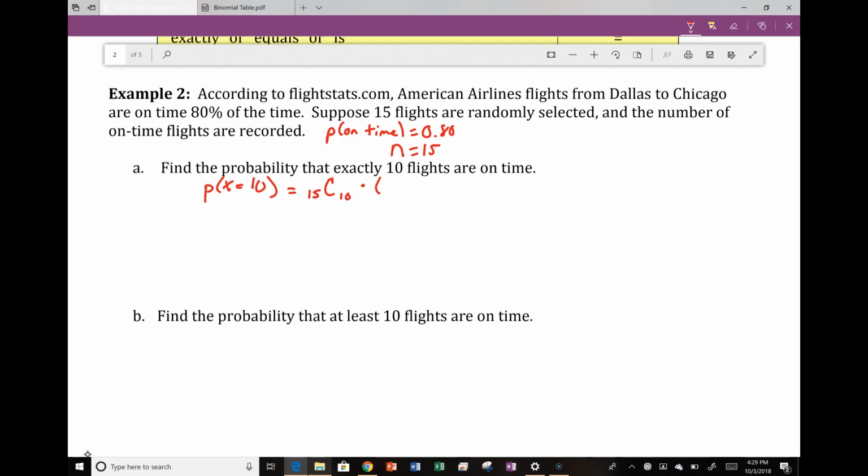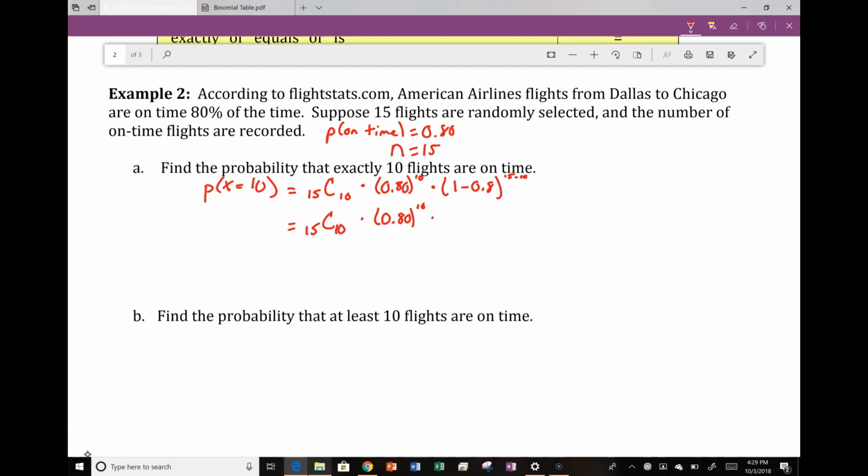We're going to multiply that by our probability of it being on time, 0.80, raised to the 10th power because that's how many flights we want to be on time, times 1 minus 0.8 raised to the 15 minus 10. Well, let's simplify these a little bit. This one's still 15 choose 10, times 0.80 raised to the 10th power, that's okay.